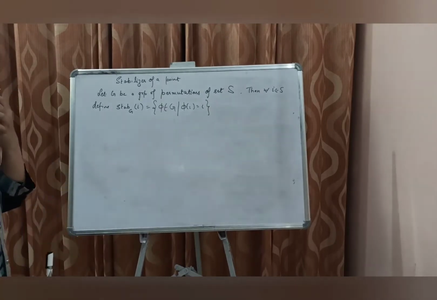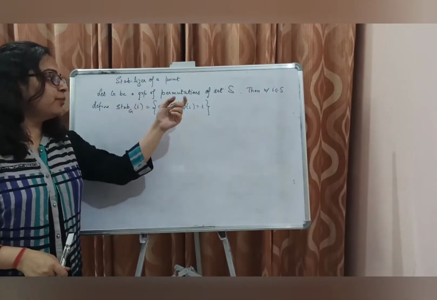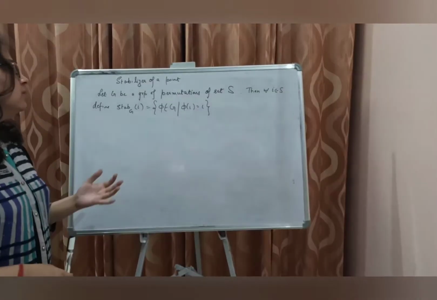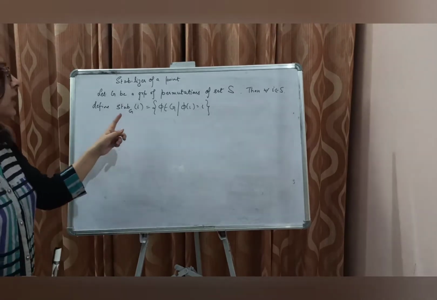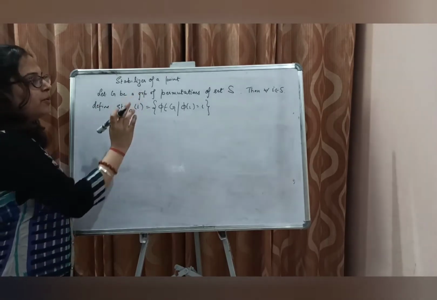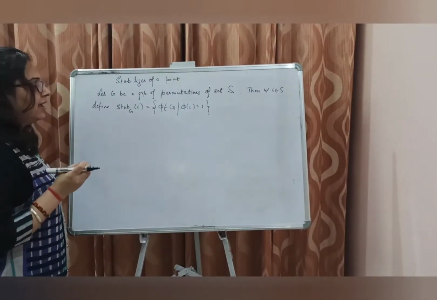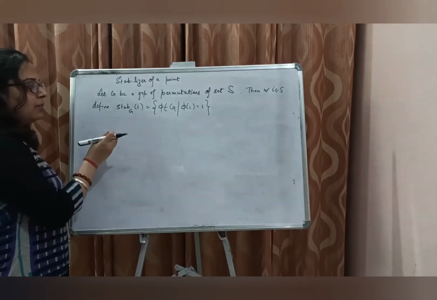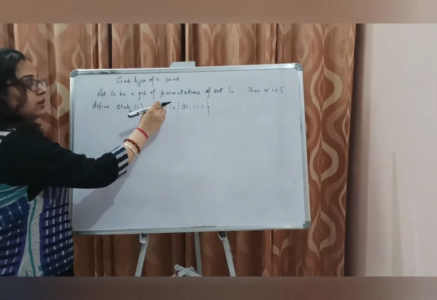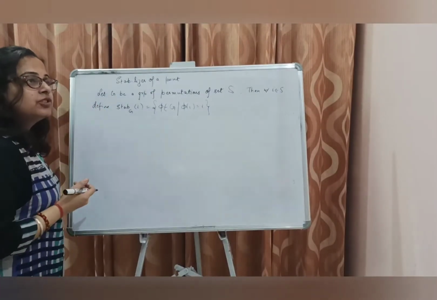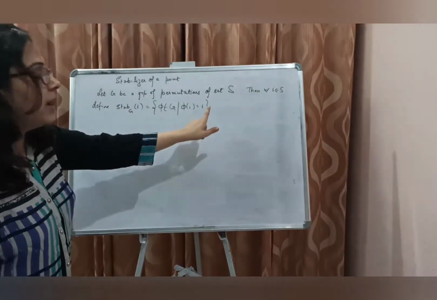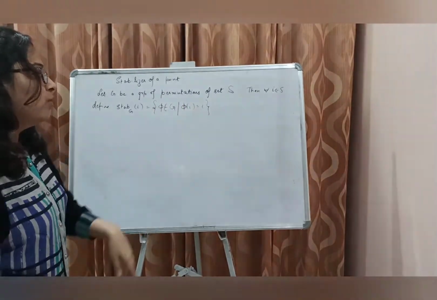Why do we call this a stabilizer of a point in G? Because this is a collection of permutations, and we will prove that this is a subgroup of G. Now if G is a group of permutations of a set S, then for each I in S, the stabilizer of I in G is the collection of all permutations phi in G such that phi of I is equal to I. What does it mean?